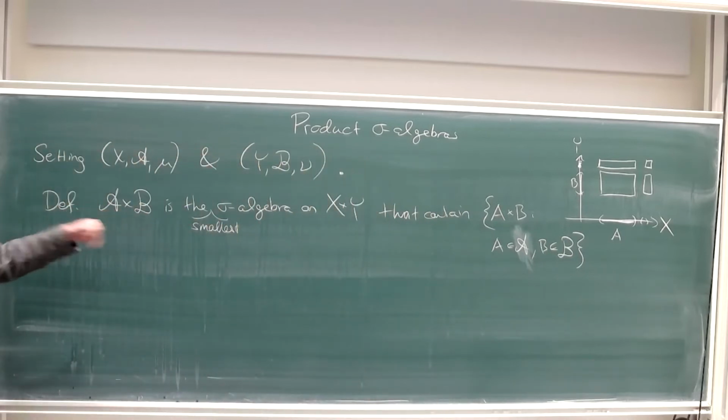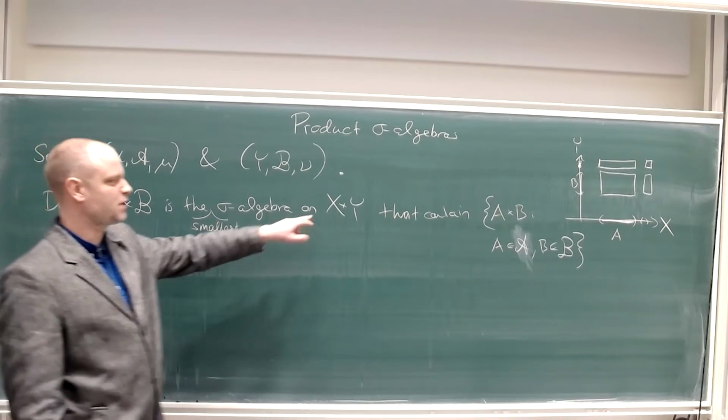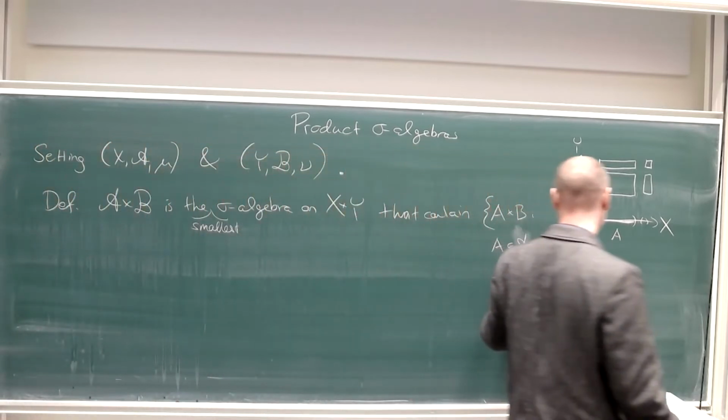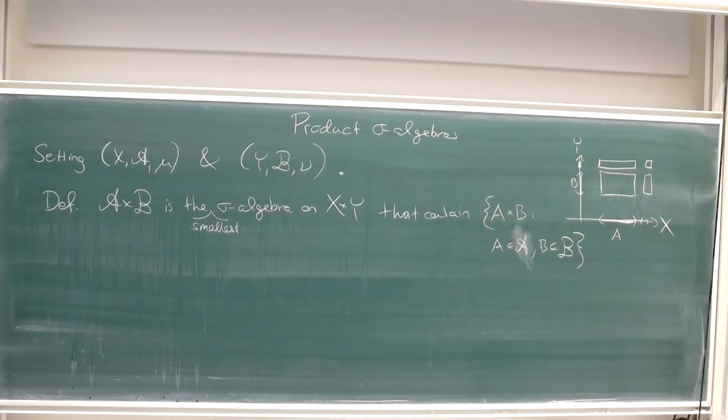So A times B will be the smallest sigma algebra on X times Y that contains all product sets A times B, where A is in A and B is in B.